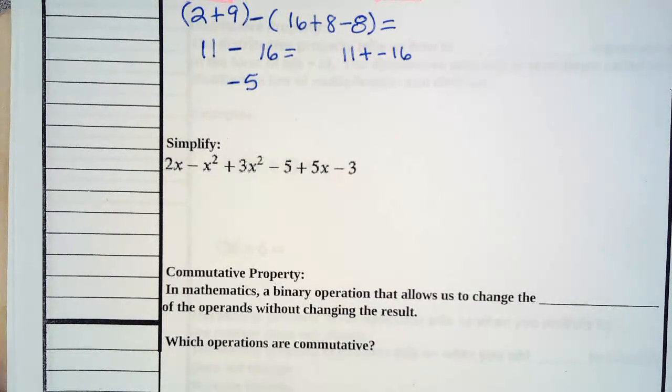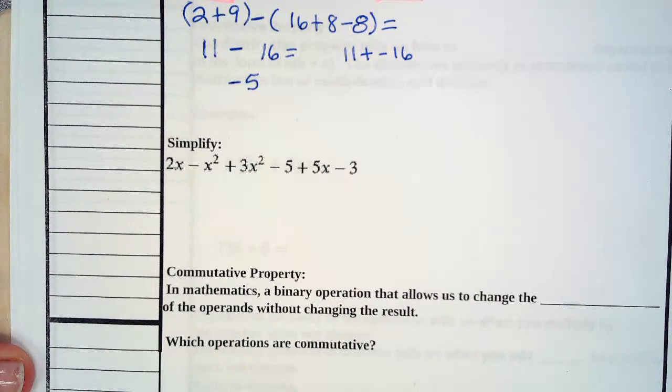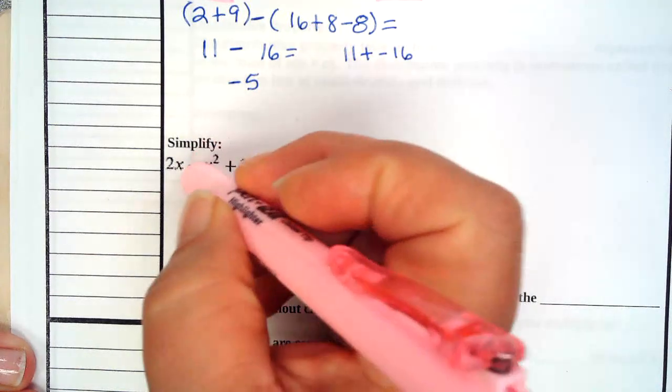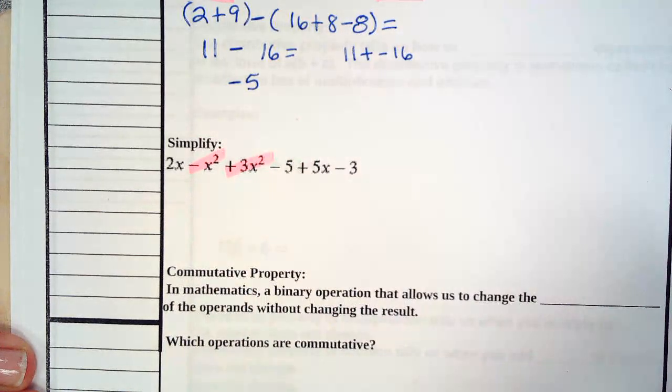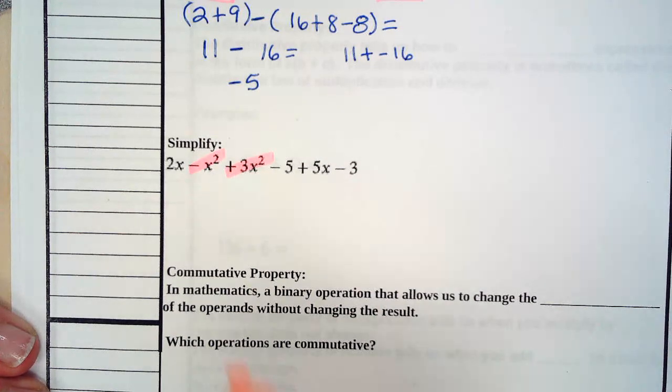Okay, for the next one, we don't have parentheses, but we do have exponents. And in this case, we're not even looking to solve, we're looking to simplify. I've got x squared terms. I have x terms.